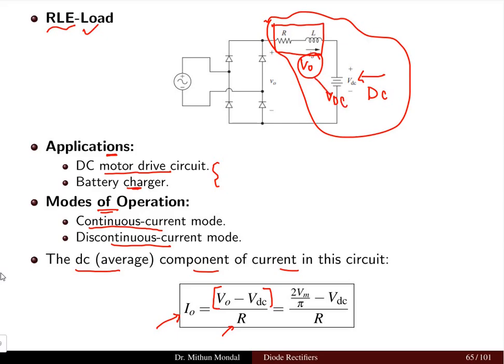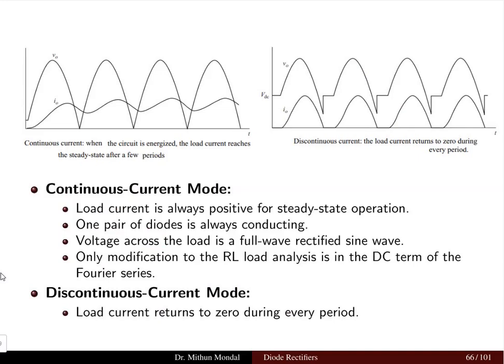Substituting V0 as 2Vm by pi, the equation becomes (2Vm by pi minus VDC) by R. Now we can see the waveforms for the continuous and discontinuous current modes.